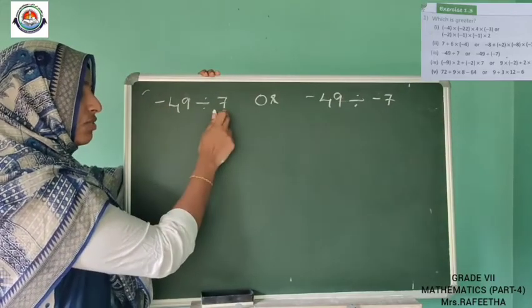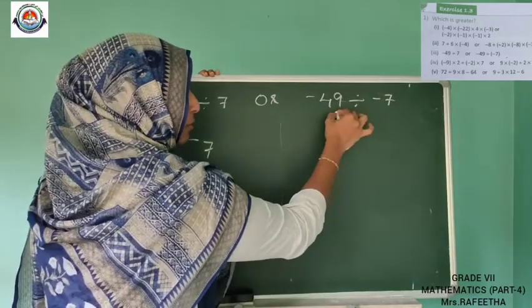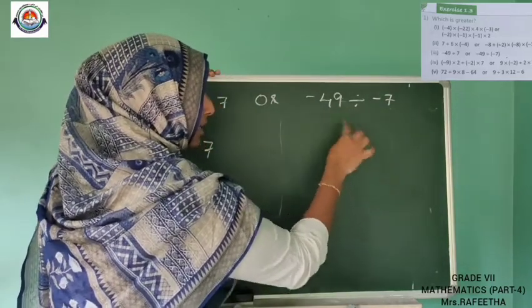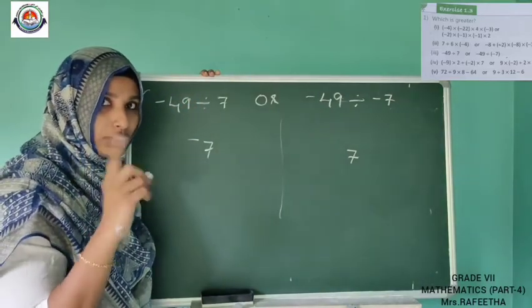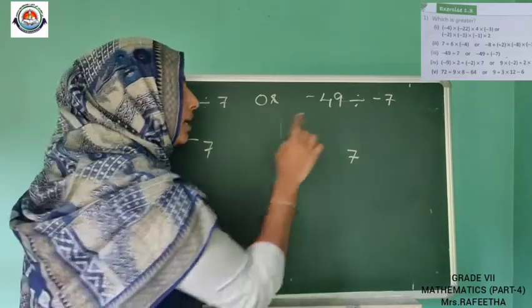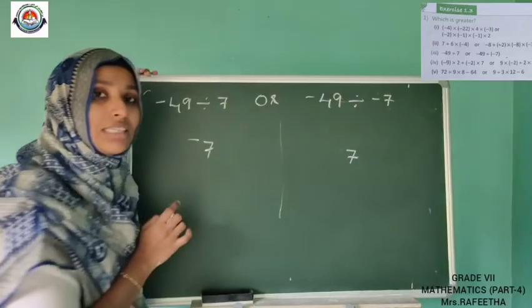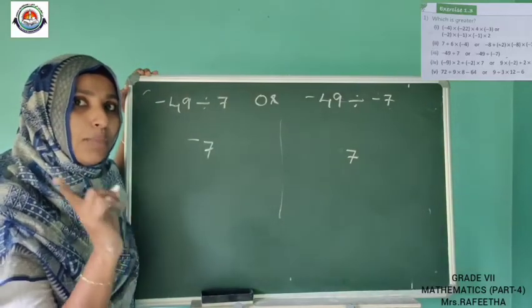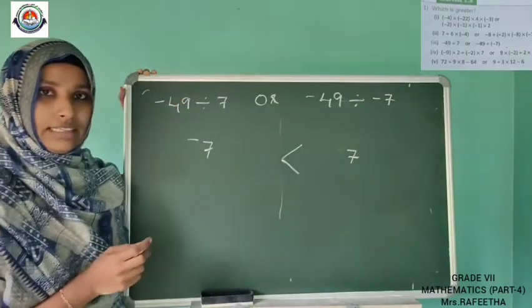Since one is negative and one is positive, the answer will be negative. And here, 49 divided by 7 is 7. Here both are negative signs. In the first class we studied, if both are negative signs, what will be the sign of the answer? Yeah, the sign of the answer will be plus. You don't need to write the plus. Minus 7 or 7, which is greater? Positive is always greater. So, this is the greater.